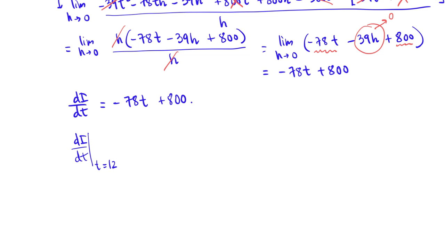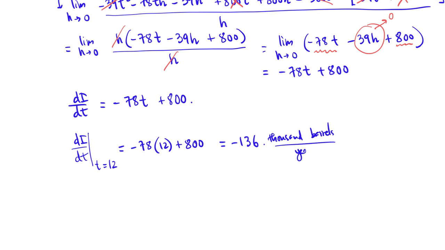So for 2012, t equals 12. We simply plug in 12 into the derivative, not the function, because we're looking for the rate. Computing this, we have negative 136. The unit for this derivative is the unit of I, which is in 1,000 barrels, and the unit for the denominator, t, is year.